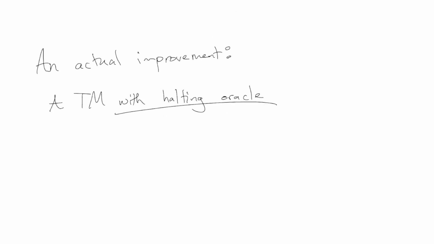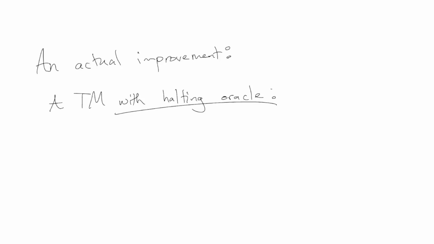You imagine the Turing machine has some kind of magical power where at any moment, instead of moving to the right or moving to the left, it can somehow magically solve the halting problem. That makes it more capable than the ordinary Turing machine.